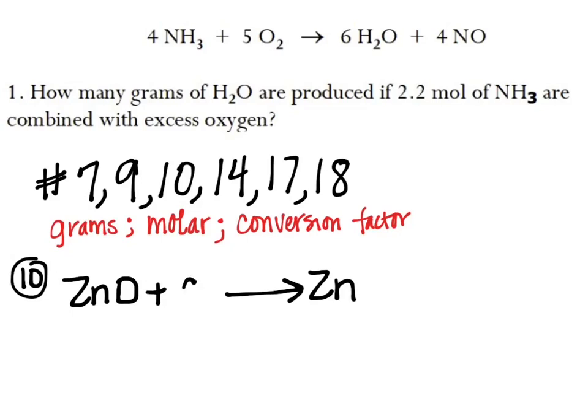So carbon is going to react and we're going to get zinc and carbon dioxide as a product. What type of reaction is this? Single replacement. Thank you. So then we're going to balance it 2, 2.